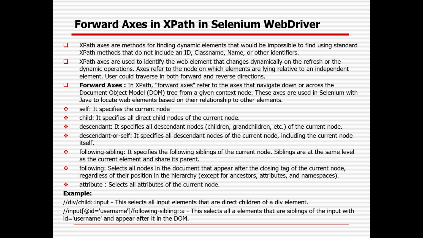So what we can do is take some fixed component, and from there we can traverse from parent to child or child to parent, in forward or reverse axis direction, and identify the element uniquely with the help of the axes strategy in XPath. XPath axes are a method for finding dynamic elements that would be impossible to find using standard XPath methods that do not include an ID, class name, or other relevant unique identifier.